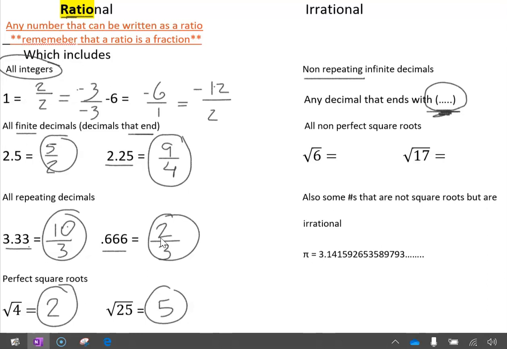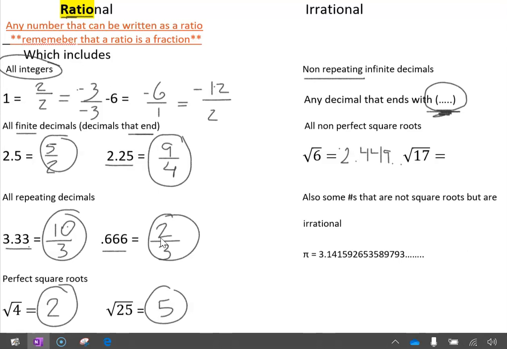All non-perfect squares. So for example, the square root of 6 does not have a perfect whole number square root. So it is not rational, or it is irrational. And the square root of 6 is 2.4449 dot, dot, dot, because it keeps changing.